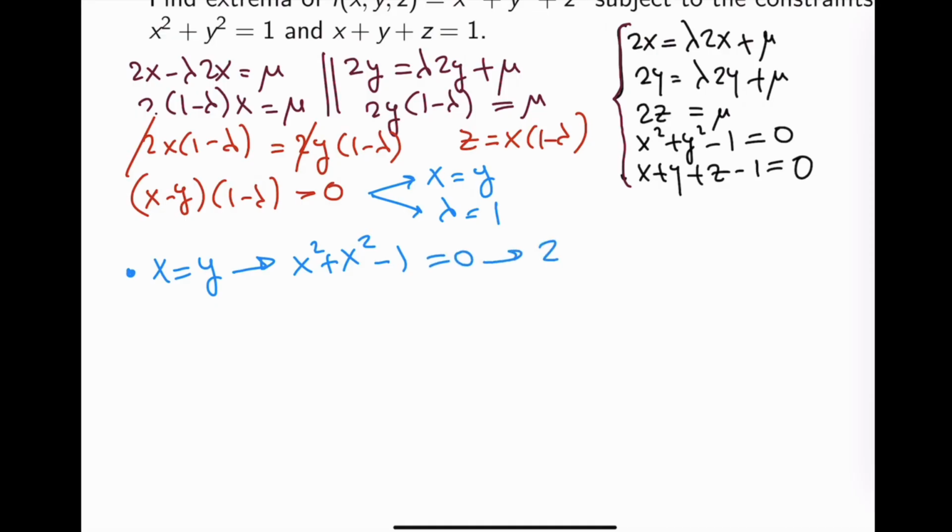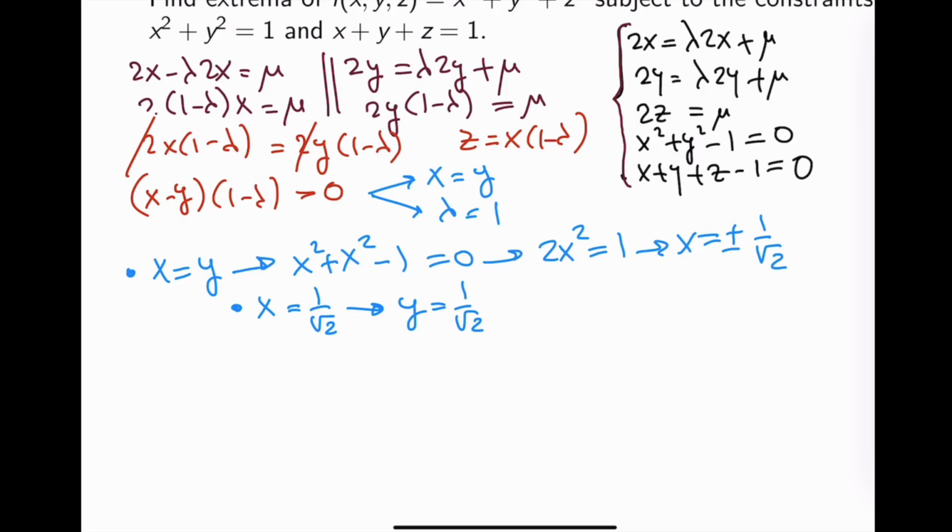So that means that 2x squared is equal to 1. And that means that x is equal to plus minus 1 divided by square root of 2. So we have two possibilities here. Then when x is equal to 1 divided by square root of 2, since x is equal to y, y is the same thing.